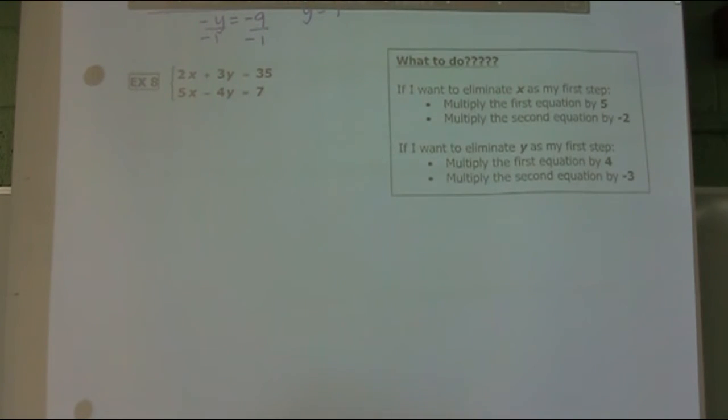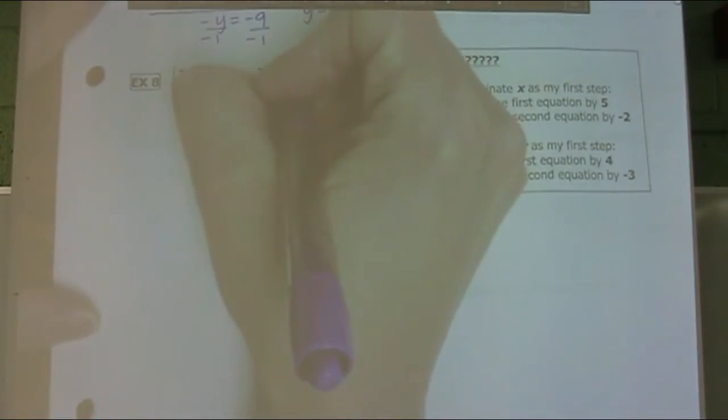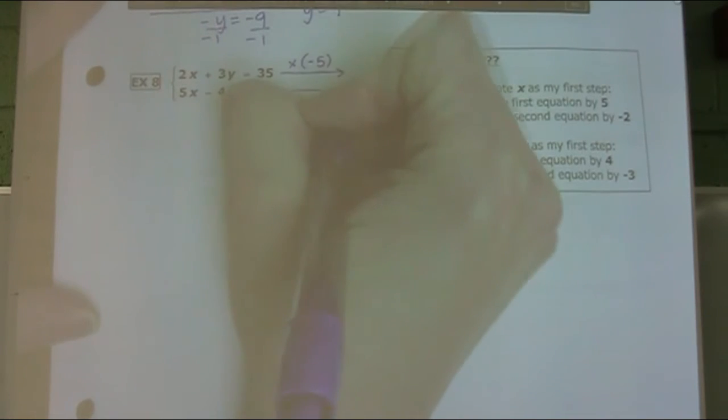It doesn't matter which of those you choose. So here's what I'm going to do. Let's multiply the top equation by -5, and my bottom equation I will multiply by +2.